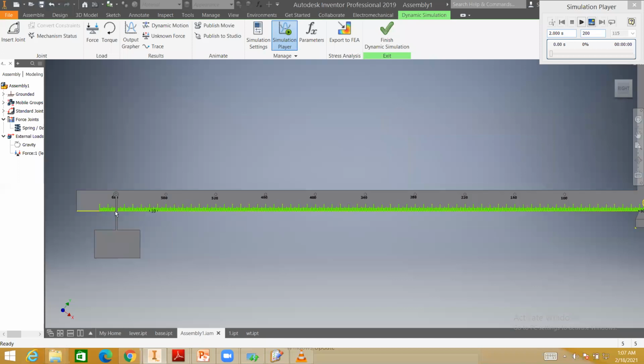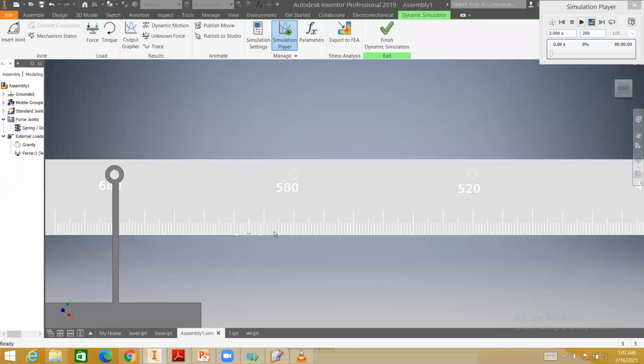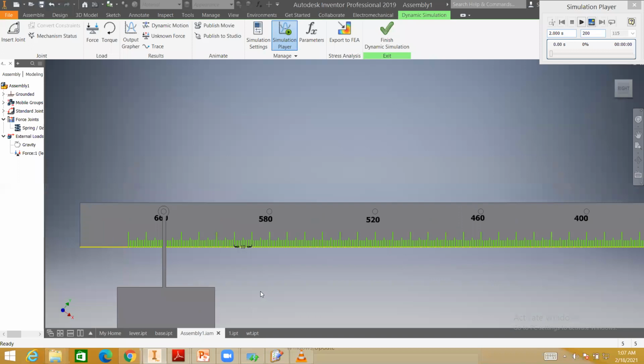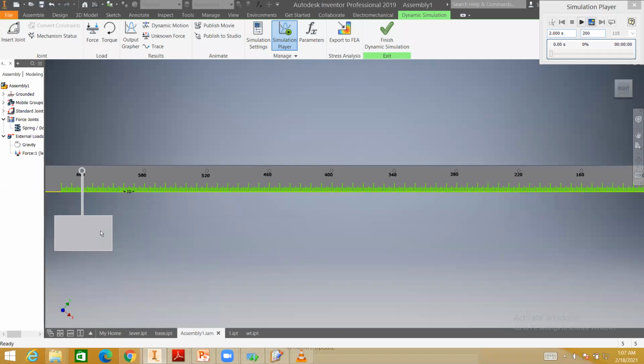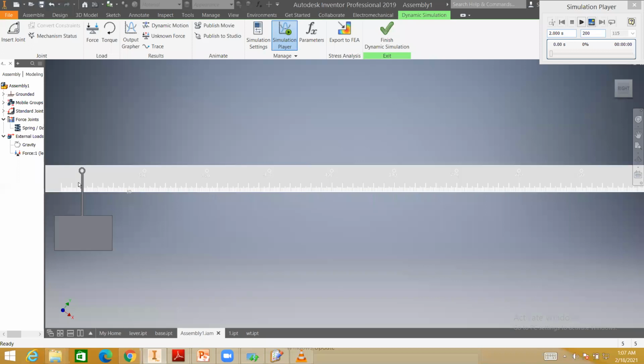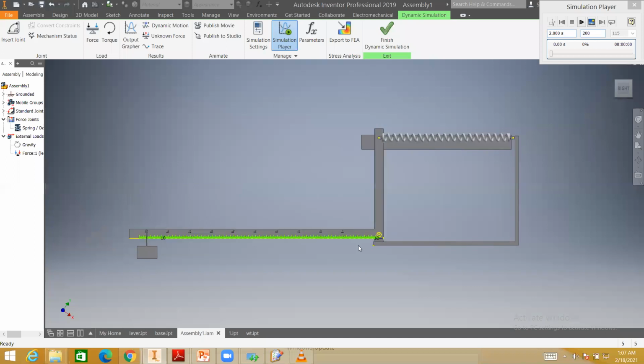So this is 580 and this is, sorry, not 660, it is 640. So we have connected this weight at a 640 distance. So your X value will be 640 mm or 0.64 meter.